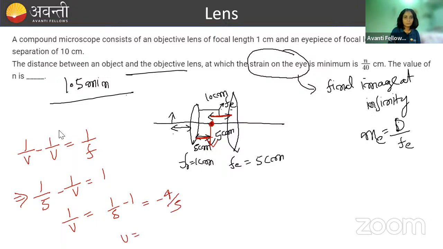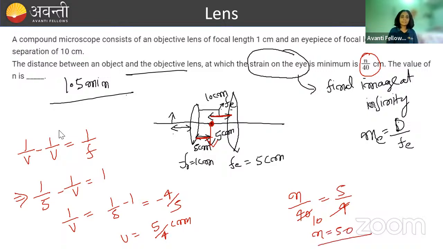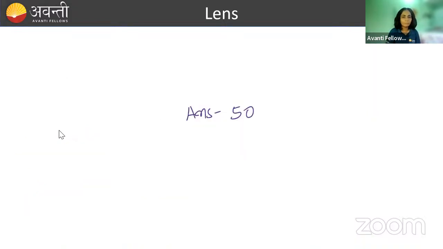So U is equal to 5 by 4 centimeter. And if we compare with the question, this distance is given as n by 40. So n by 40 is equal to 5 by 4. N is equal to 50. So the correct answer should be 50.